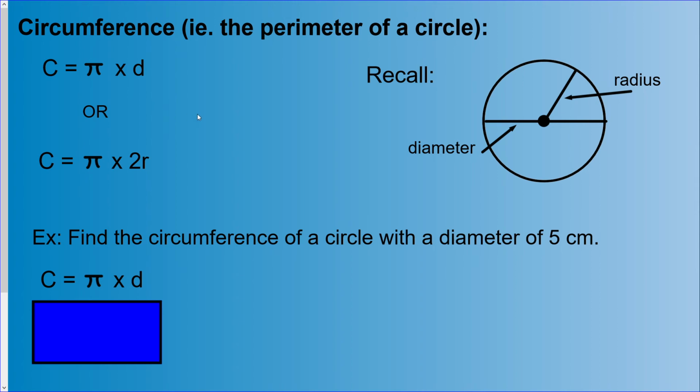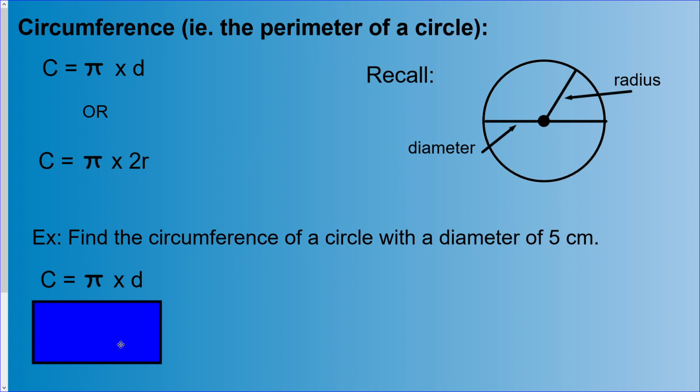So use that pi button if you have it. If you really can't figure out how to get that in there, or you're just feeling especially lazy, hopefully that doesn't happen, you can use 3.14, and that will get you close enough for our purposes. Okay, if you become an engineer someday, use the pi button. Okay, yeah, but for our purposes in grade 7 math, 3.14 will work.